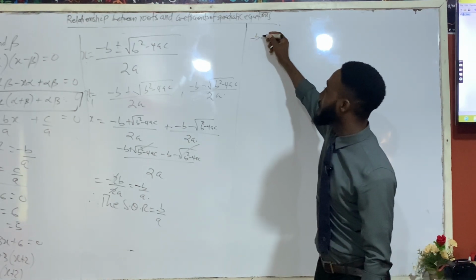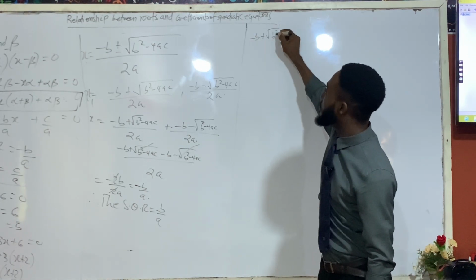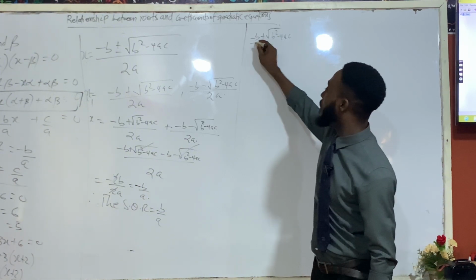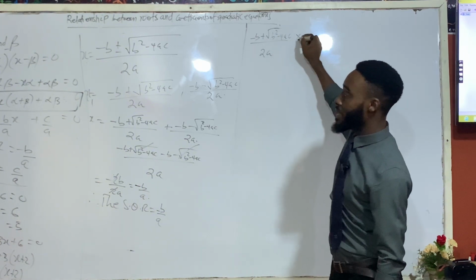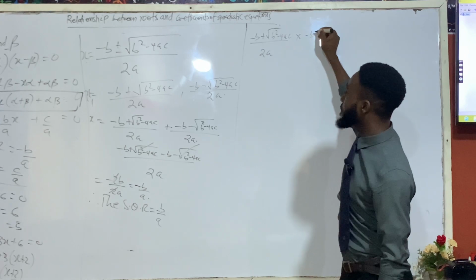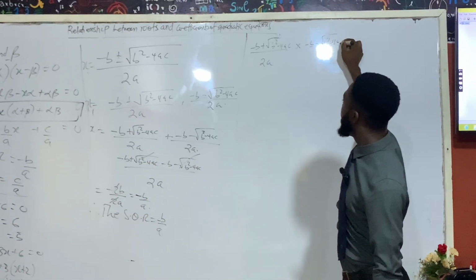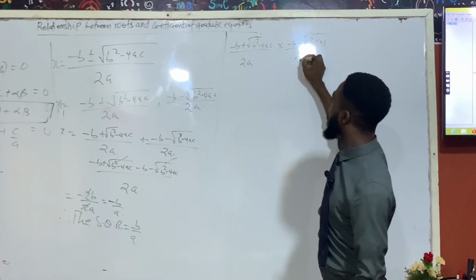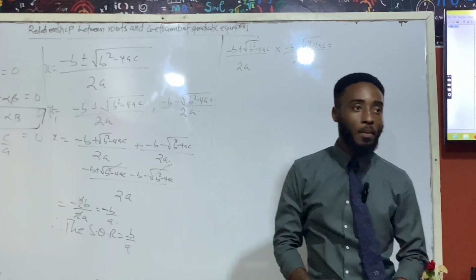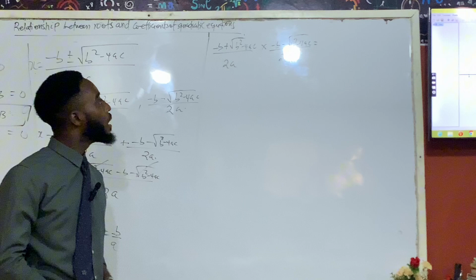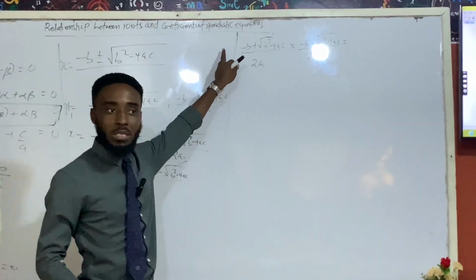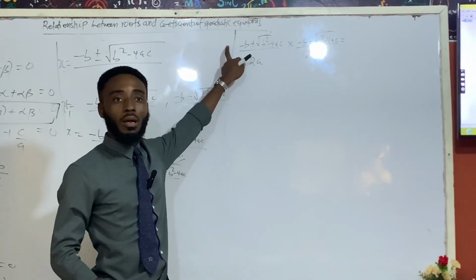So minus b plus root of b squared minus 4ac all over 2a, times minus b minus root of b squared minus 4ac all over 2a. Now, what can you see? I had it somewhere.